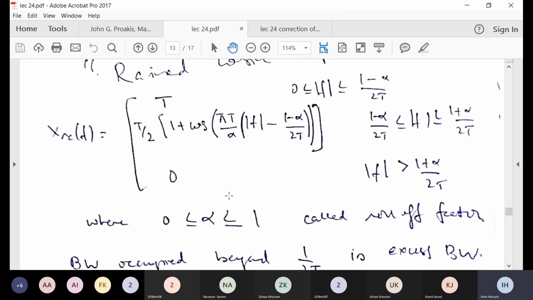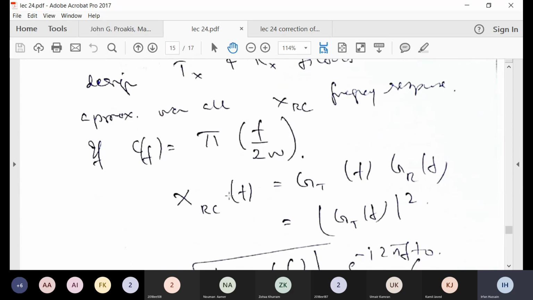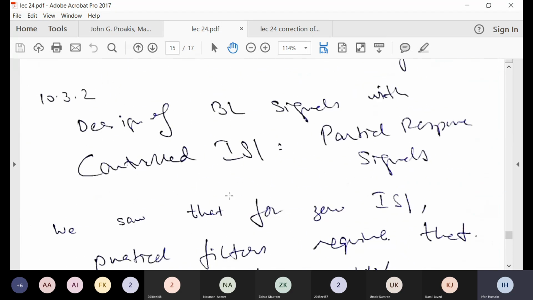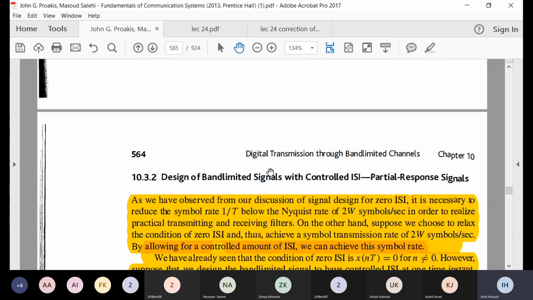This is the design of a signal with controlled ISI. The problem is that when we have 0 ISI, we just saw that we were transmitting at a rate 1 over T. But that rate 1 over T was less than the Nyquist rate of 2W. So it was coming out to 2400 symbols per second, but you were sending only 1600 symbols per second. So your rate was less.